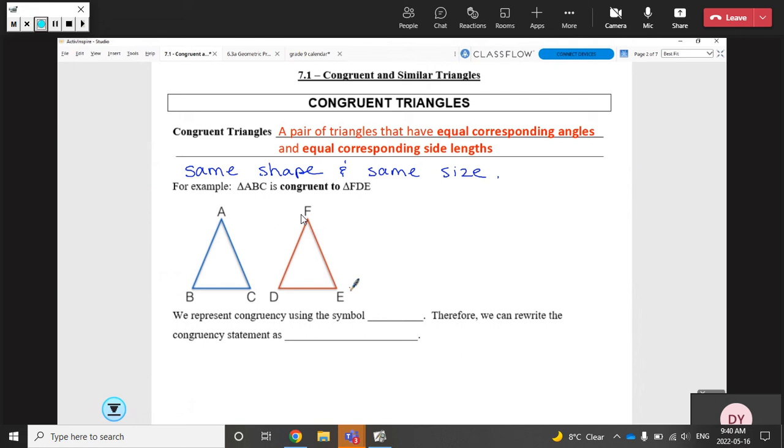So if these triangles are in fact congruent, let's just pretend here. Let's say this is 70 degrees. This is 70 degrees, which would mean the top would have to be 40 degrees. So that also makes sense.